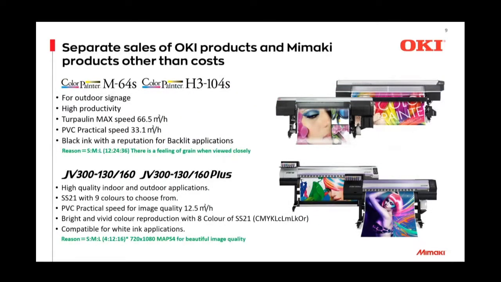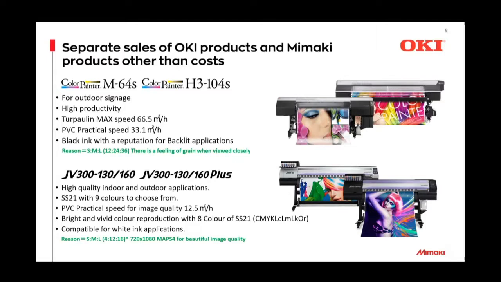All right, so what we just ran through is like separate sales of OKI products and Mimaki products. So let's look at the 1.6 metre wide standalone printer area. Our JV300 1.6 is a faster production than a JV150, but we can still categorize that below the ColorPainter series, the M64S.